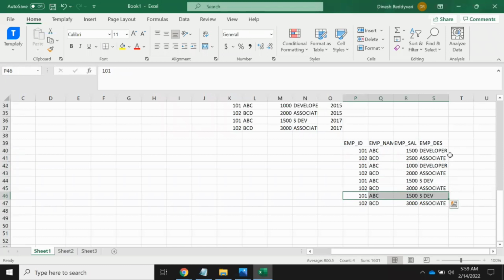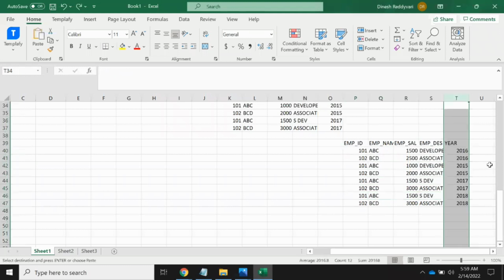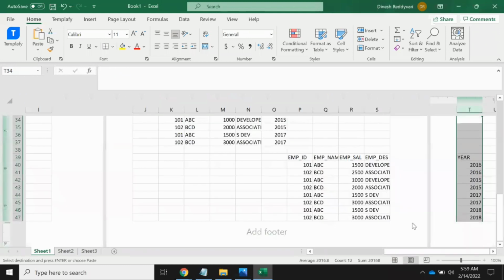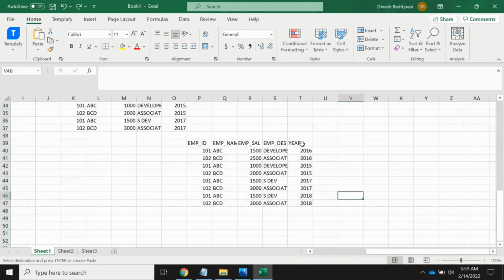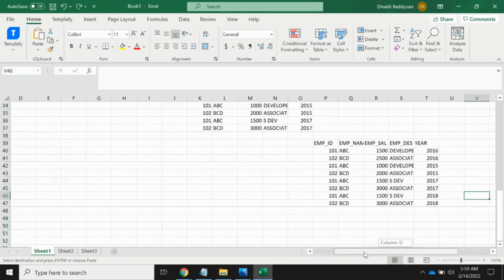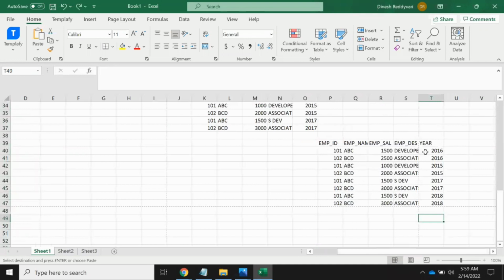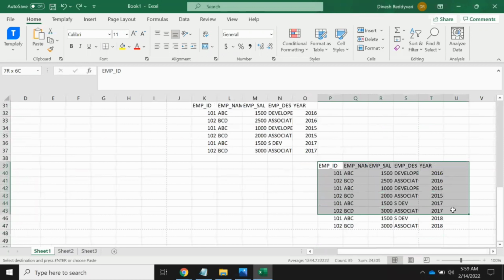That's why we maintain specific columns. If you have this year, then we can clearly understand which year has what data. Like this, we are going to maintain history.